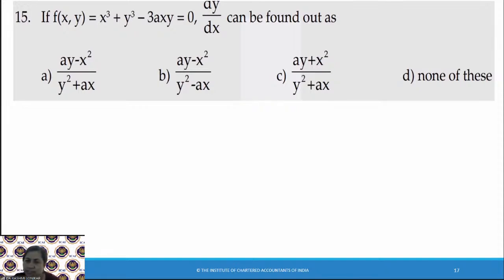So as you can see, here what is happening is I have f of x, y is equal to x cube plus y cube minus 3axy is equal to 0.